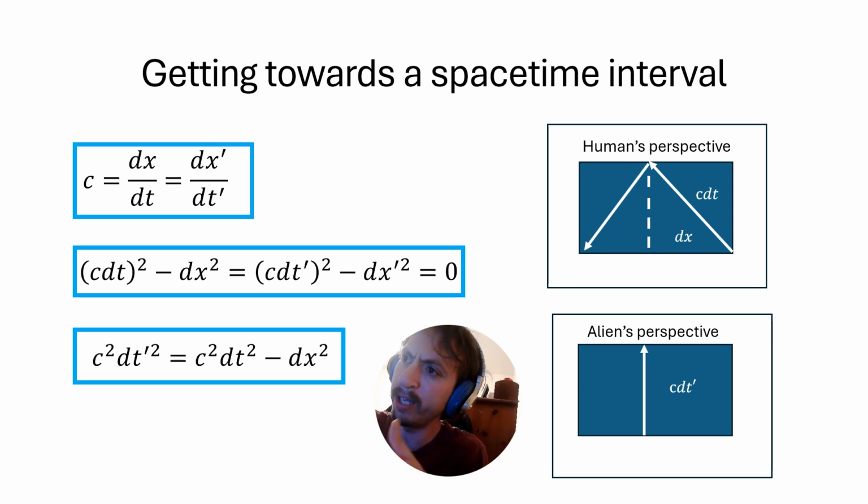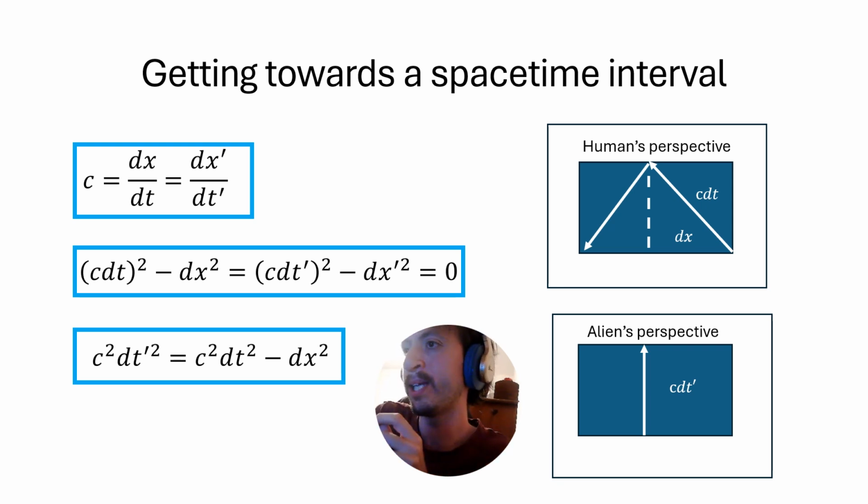Now, they're not necessarily going to be zero. In fact, because the train is moving at a speed less than the speed of light, dx is always going to be less than cdt. Light is always going to move a greater distance than the amount the train moves, so the space-time interval is always going to be positive.